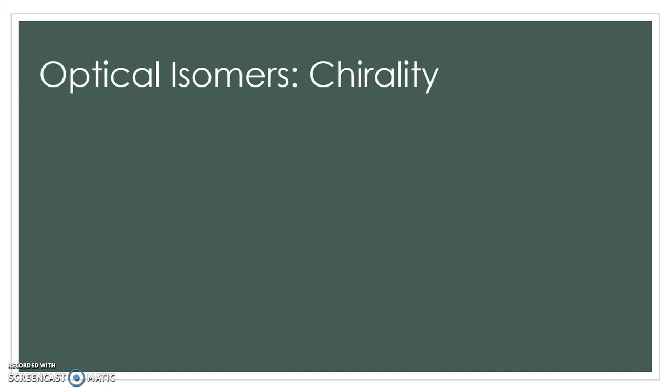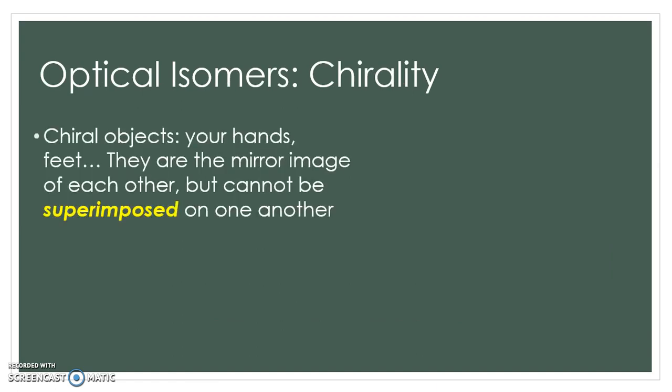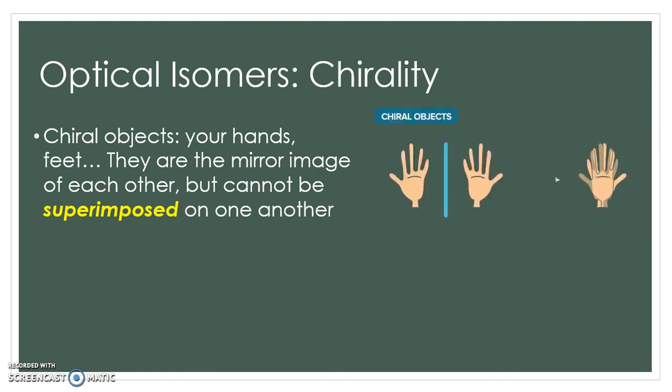Optical isomers. When we talk about optical isomers, we talk about chirality. So chiral objects. What are chiral objects? Chiral objects are the objects that, like your hands or your feet, right? Your left hand and your right hand, they are the mirror image of each other, but they cannot be superimposed onto one another. So like this, your left hand and right hand.